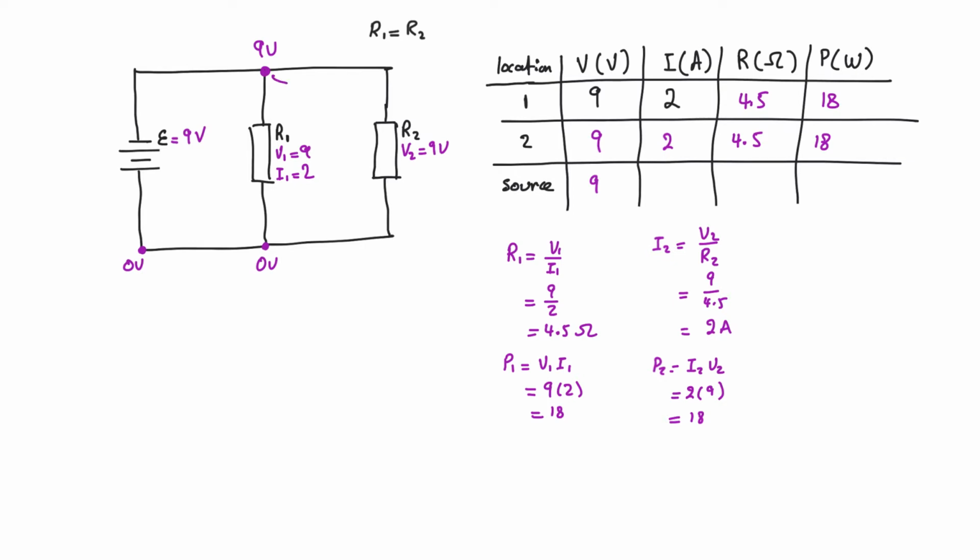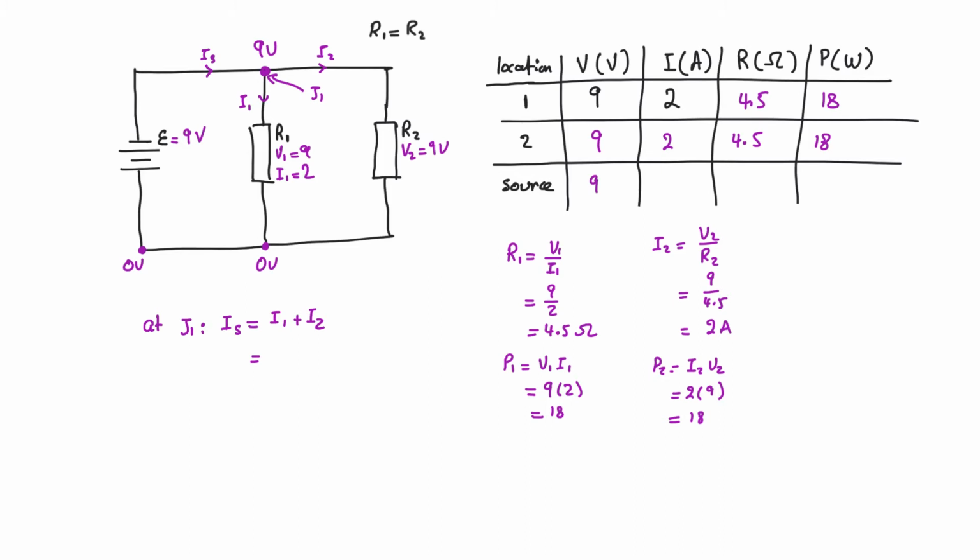So I'm going to take this to be my junction 1. I'm going to call this I from the source. This is going to be I2, and this is going to be I1. And I'll just write here that at junction 1, current from the source is going to equal the current 1 plus current 2.